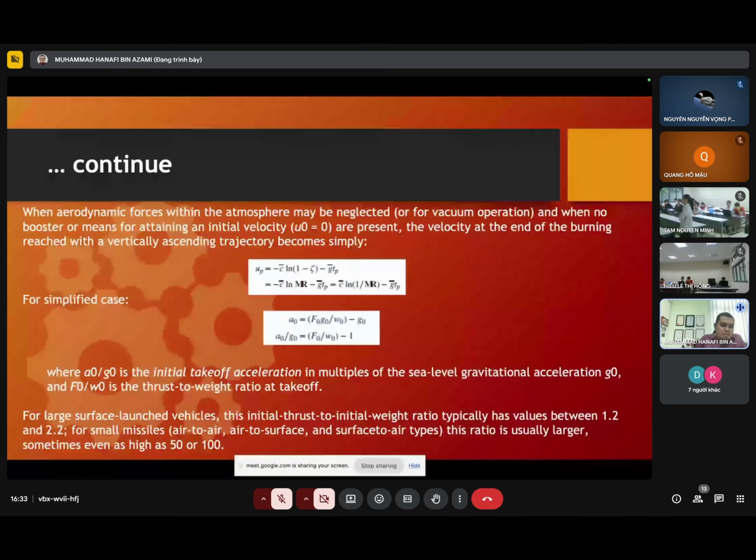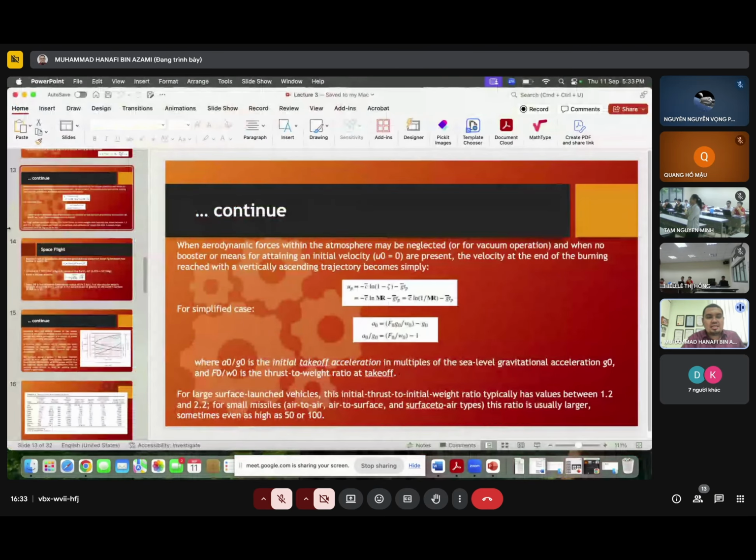This is the fundamental equation for the rocket flight path. It would be much easier if I could write it out, but never mind, I will update the slides and share them with you. This is important to determine the rocket altitude, the apogee, the maximum altitude, and the farthest distance to the impact.